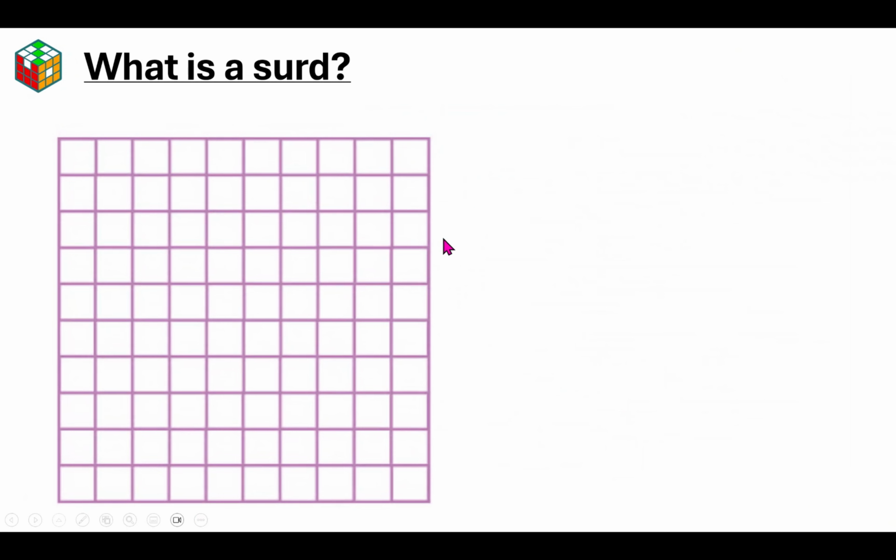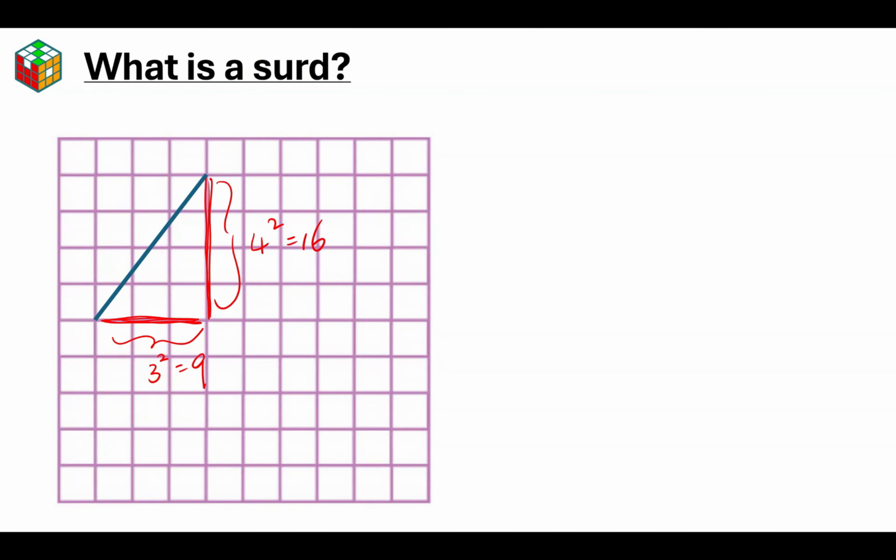What is a surd? We need to use a bit of our Pythagoras theorem knowledge. Look at this length. If I want to find the length of this blue line, I'm going to find the square of this side, which is 3 squared, means 9. And then find the square of this one, which is 4 squared, 16.